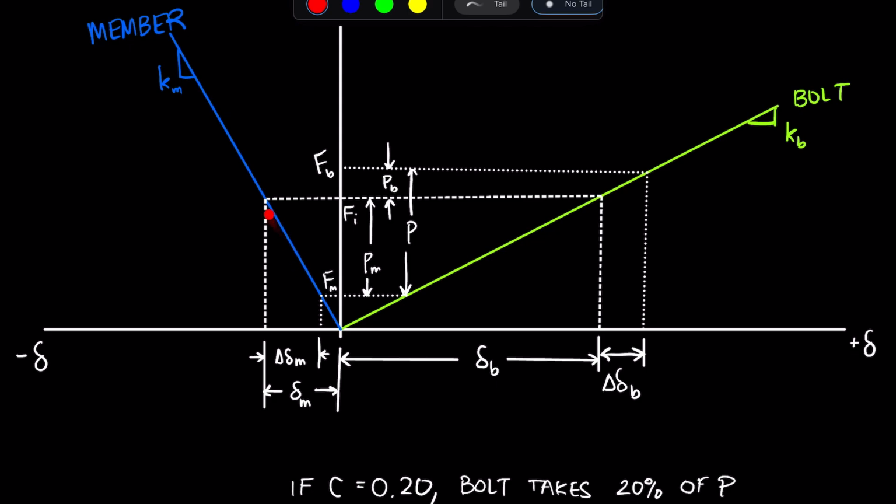So even when the member has to take 80% of the external load, it needs to still remain clamped together. We still need to have some portion of that initial preload that is still clamping them together. As long as we do that, then only 20% of the external load will go to elongating the bolt any further. So this is a very powerful mechanic of bolted joints. It is what allows them to be so versatile. It's why they're so widely used, or at least part of why.